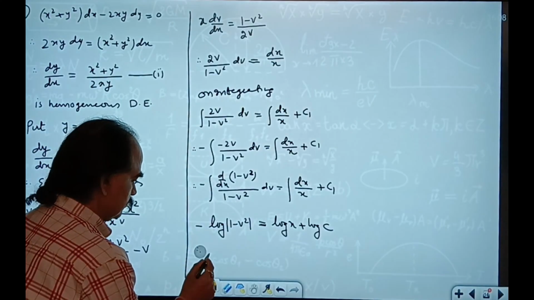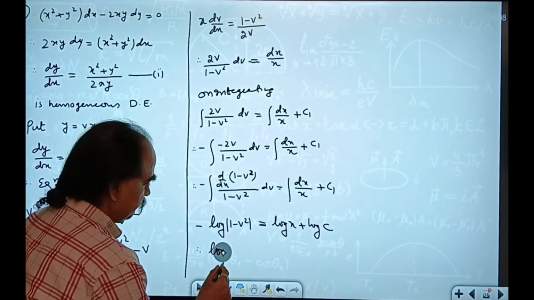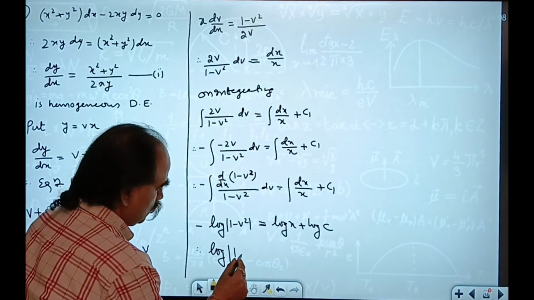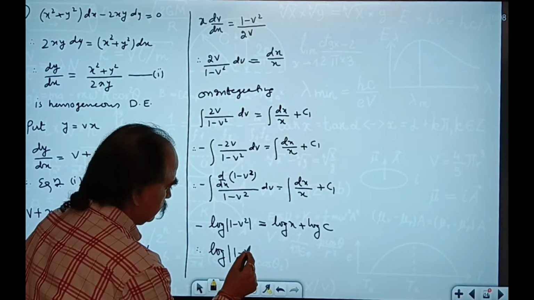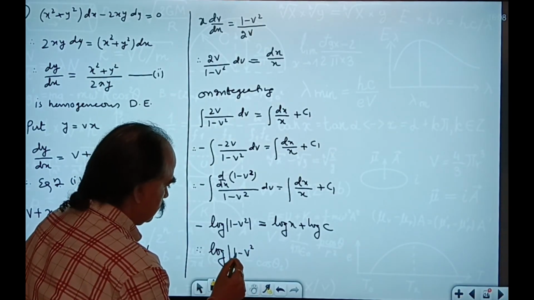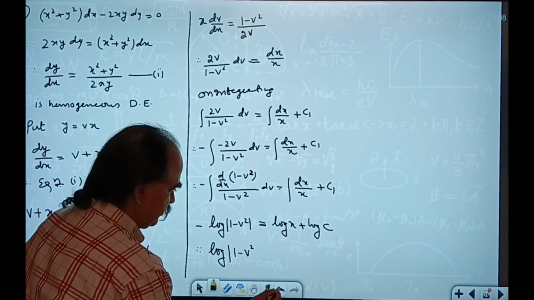Therefore, log of 1 minus v square raised to minus 1.